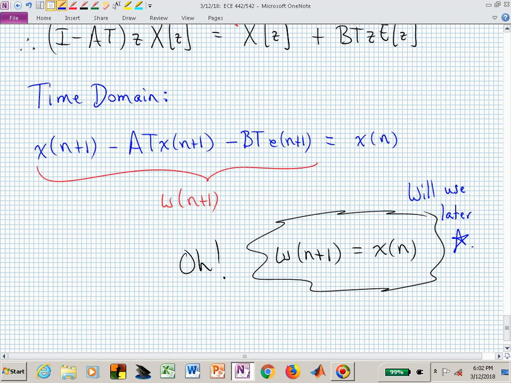So if I use it later, I might call it star. Now what I want to do is find a W of n plus 1 equal to some matrix times W of n plus some matrix times E of n. And then I'll have my dynamics. That's what I'm searching for in this magic trick, in this card shuffling, in this matrix shuffling.